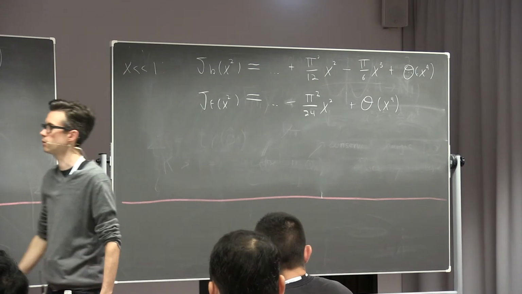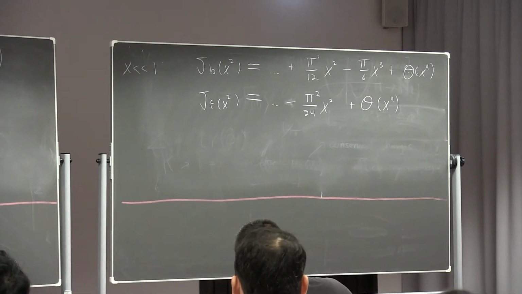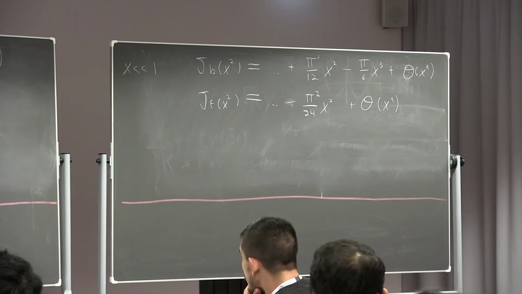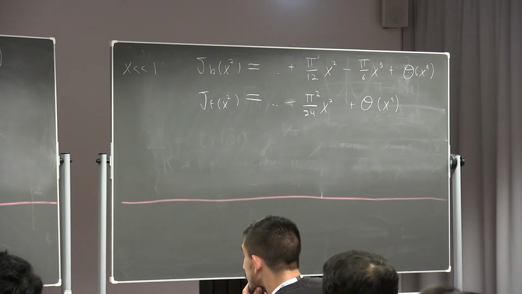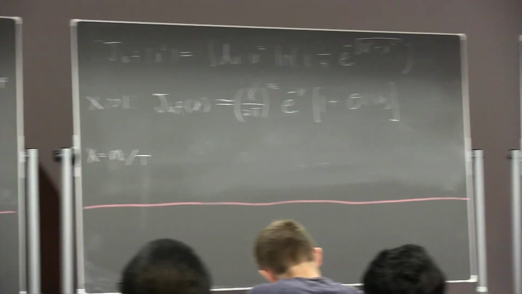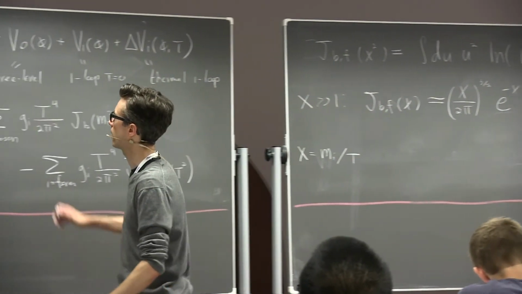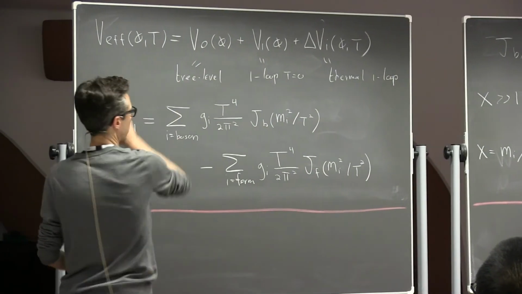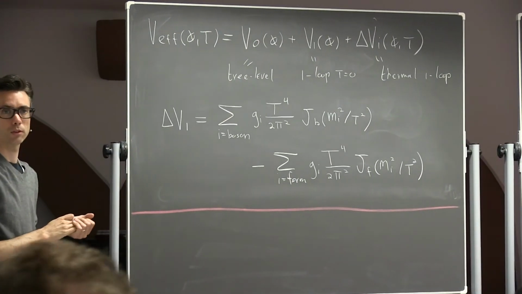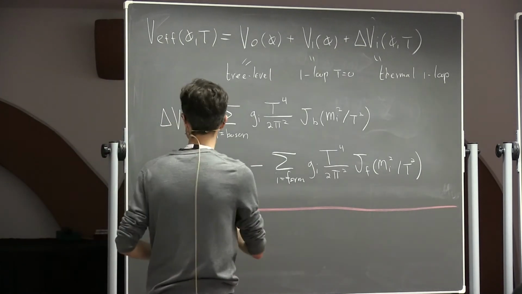So we're going to use these asymptotic forms in just a second. One last comment, though, is that the masses that go into these loop functions aren't just your regular masses. Specifically, I'm looking at the value of the effective potential for a background value of the phi field. So I've got some phi field, and I'm moving around in the potential.